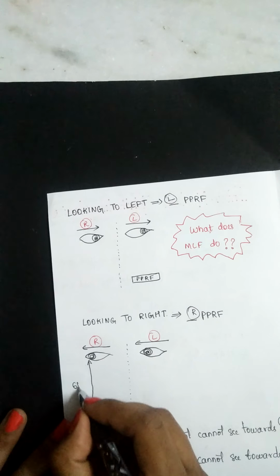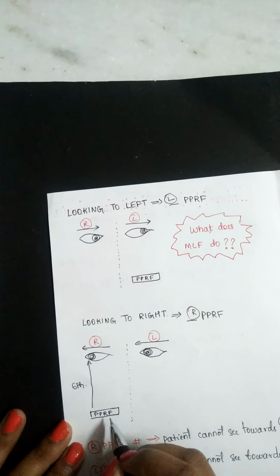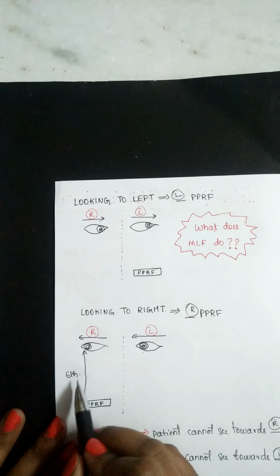Now the question is, what does MLF do? See, I'll tell you. The PPRF will always make the eye abduct by sixth nerve innervation. The right PPRF has to make both eyes look towards the right side, which means it should make the right eye abduct and the left eye adduct. To make the right eye abduct, it uses the sixth nerve.